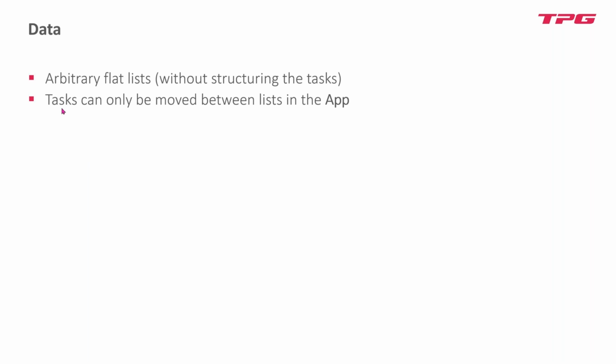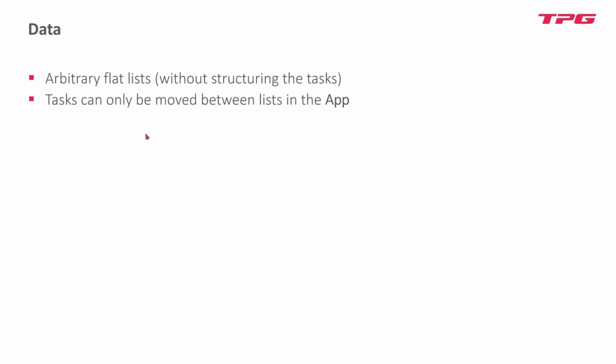A little difference between the app and the web application. So if you open the ToDo app, you can move tasks between lists by drag and drop. For example, you have entered the task in one list, and maybe it was not right. There are other reasons to move it to another list.